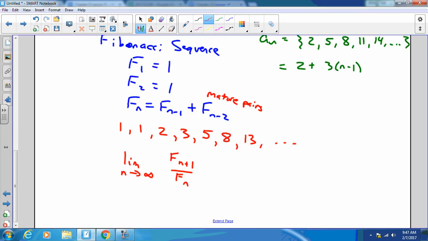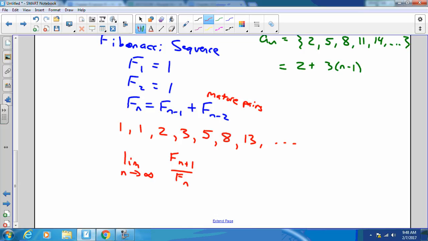If I take the ratio of successive terms here, let's do that mentally. 1 over 1 is 1, 2 over 1 is 2, 3 over 2 is 1.5, 5 over 3 is going to be 1.6, yeah. 8 over 5 is going to be 1.6, that's right. And 13 over 8, that's going to be tough, but it's pretty close to 1.6 as well. As I continue on out, you can see that I'm getting numbers that are very, very close to 1.6.